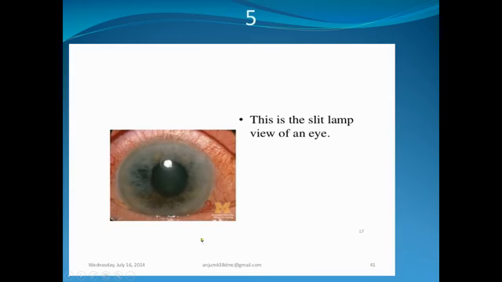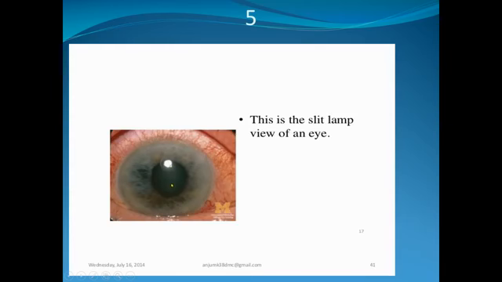Usually the cornea is most transparent, but here there is edema, and this is the light reflex. This is the pupil. So this is a photograph. The question may be: what are the findings of this photograph? This is conjunctival congestion, corneal edema or haze, and the pupil is vertically mid dilated.